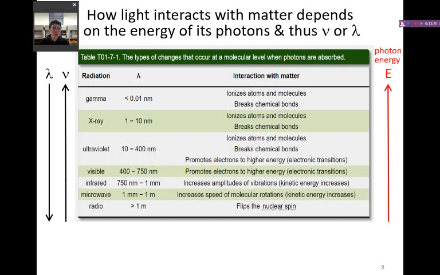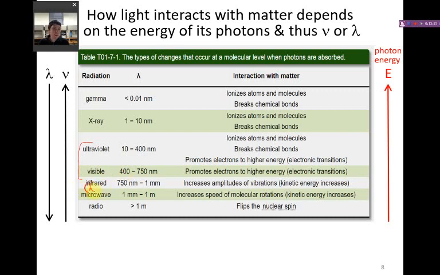In the case of ultraviolet and visible light, what we might see is a substance that absorbs that light and then re-emits it. And we'll talk more about that once we start looking at chapter 2. Visible light can also do the same thing. It can promote electrons to higher energy. We can get electronic transitions.